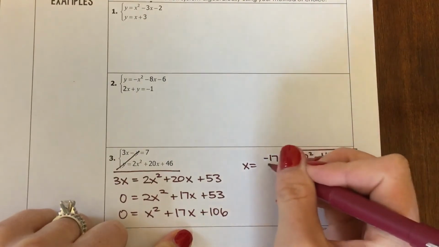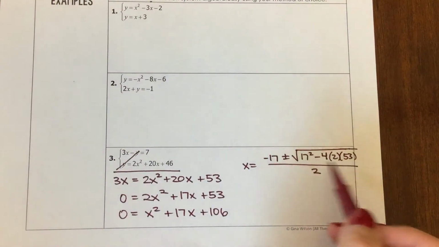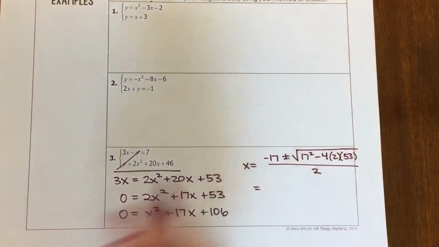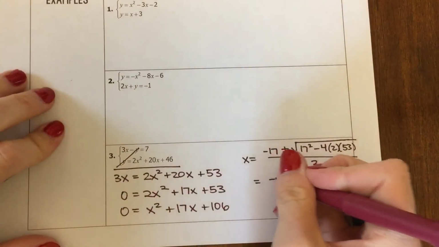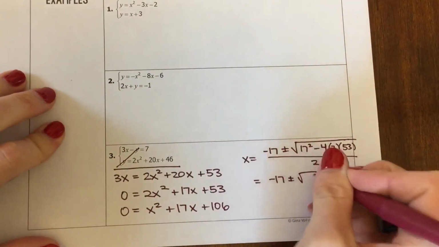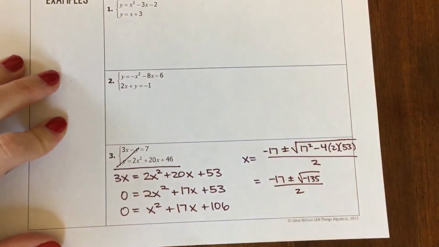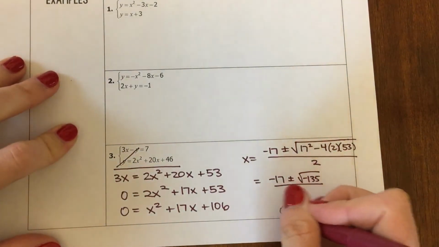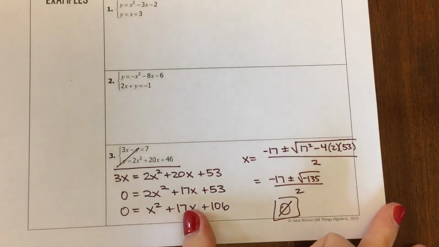If I plug this into my calculator, 17 squared minus 4 times 2 times 53, I end up with a negative 135 underneath that square root. Those would be imaginary answers, so I would say no solution. I would have imaginary roots, which doesn't work for this stuff.